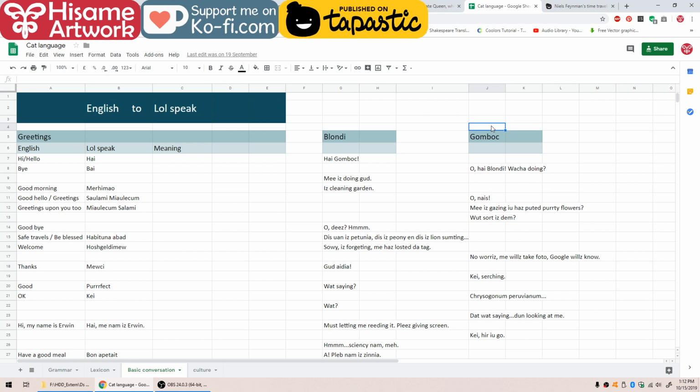Sorry, is forgetting me has lost it the tag. No worries, me will take photo, Google will know. Good idea. Okay, searching. What saying? Chrysogonum peruvianum. What? That what saying, don't looking at me. Must letting me read it. Please giving screen. Okay, here you go.